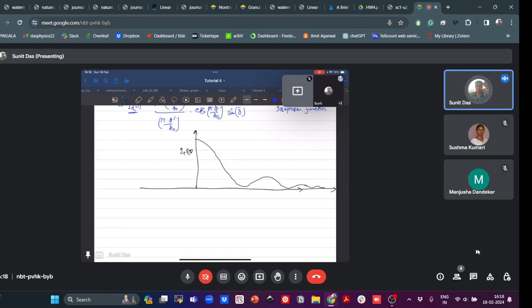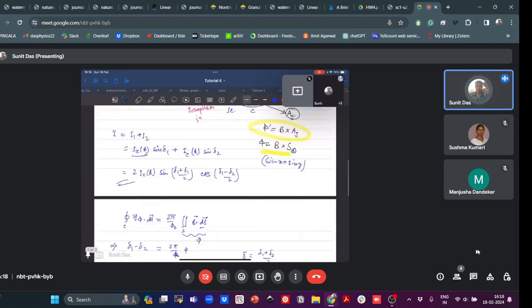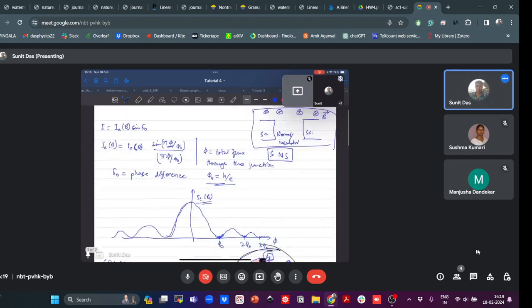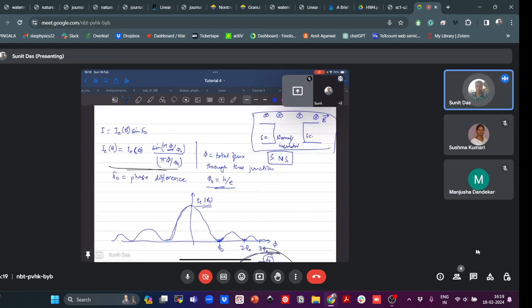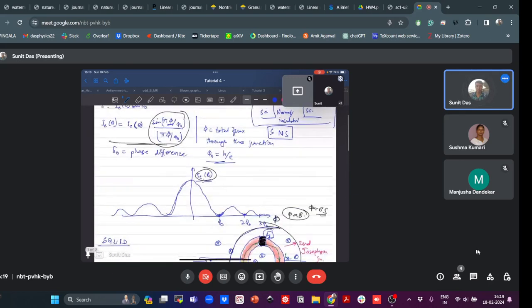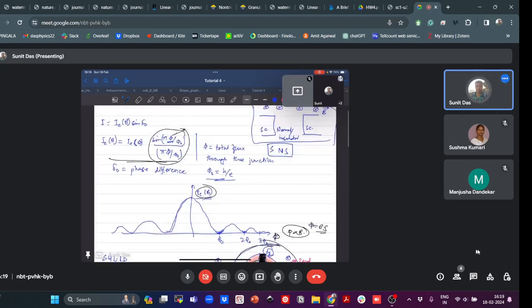Now there will be an additional thing. So this was ICB, and this was the form with phi. With phi and magnetic field, we have the same type of graph because phi is linearly proportional to B. Phi is just B times the area. So there was only the sine pi phi case, and here phi was the Josephson junction flux.